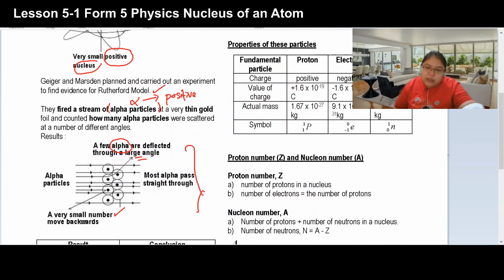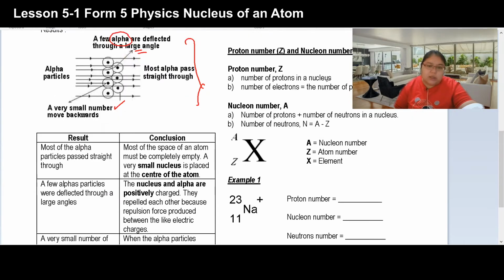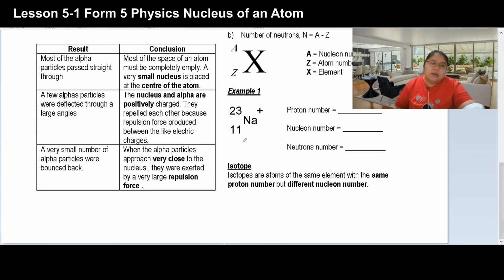What does this whole thing actually mean? Let's see your notes. Here is the result. First, most of the alpha particles pass straight through. What's the meaning of that? The space inside the atom is mostly empty. When the nucleus is very small, many alpha particles can go straight, because there is empty space.